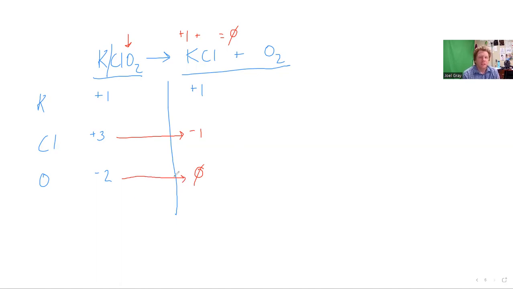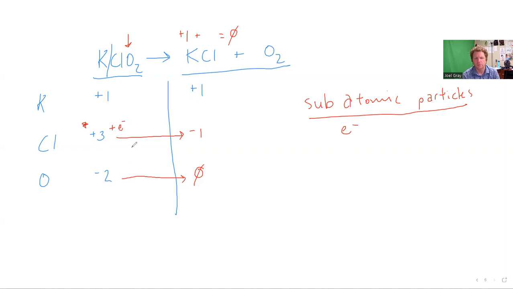For something to be positive and then to become negative, what did we have to add with respect to subatomic particles? Our subatomic particles are protons, neutrons, and electrons. Electrons have a negative charge. We can gain and lose electrons and form different ions. Let's say that chlorine over here added a single electron. Well, that chlorine would now be +2.